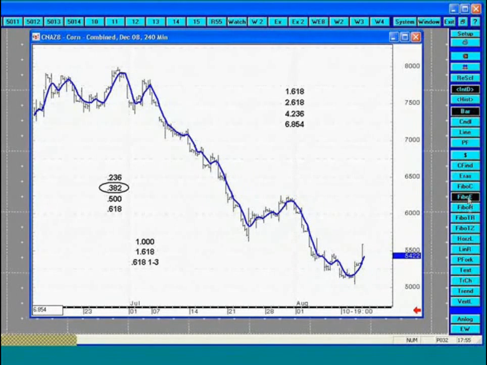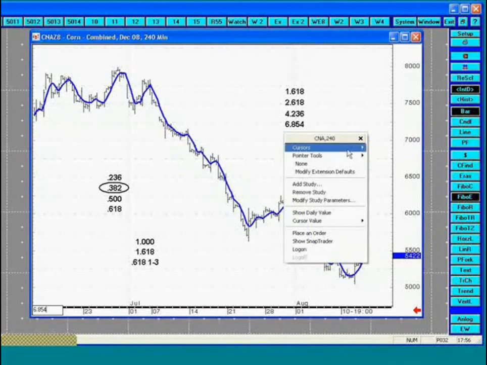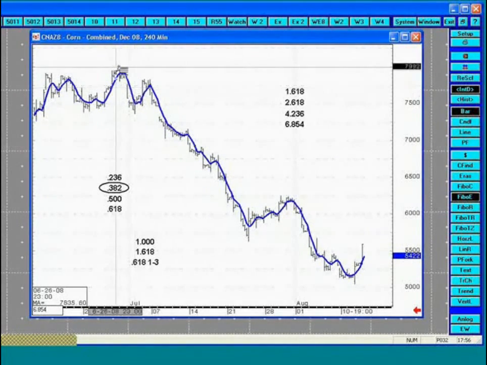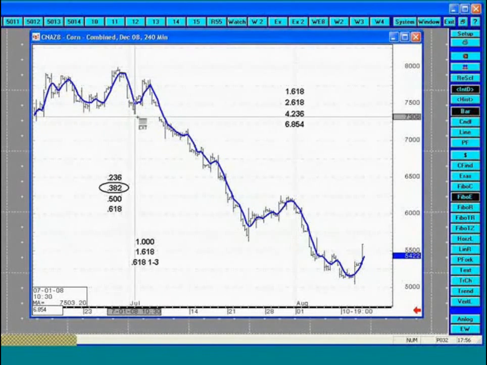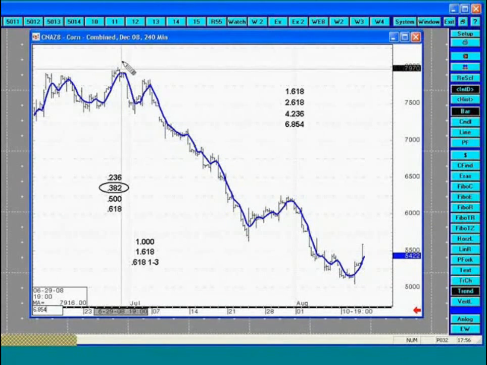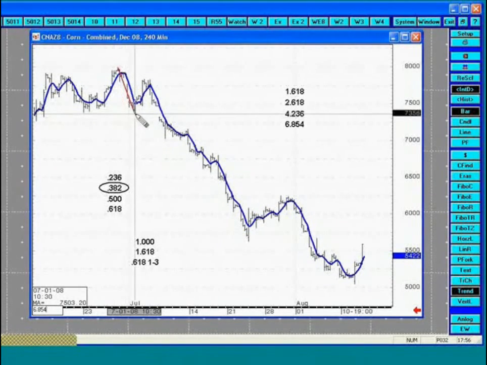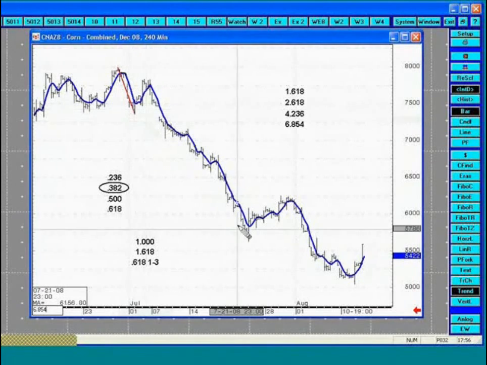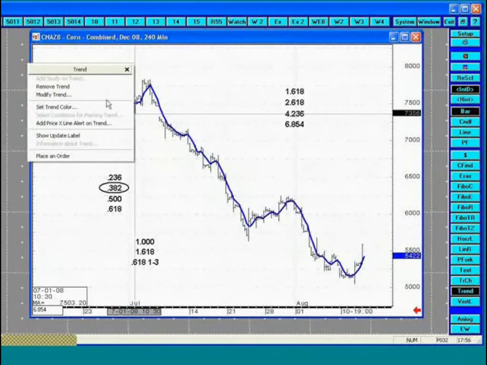Here's the cool part. Here's my Fibonacci extension tool. Now typically, if I'm trying to identify a third wave objective, I would use the origin of wave 1 and the extreme of wave 1, take this measurement and multiply it downward to try and identify a wave 3 objective.